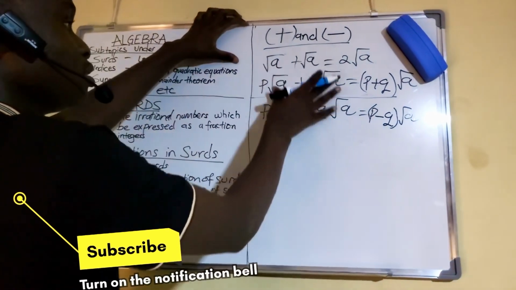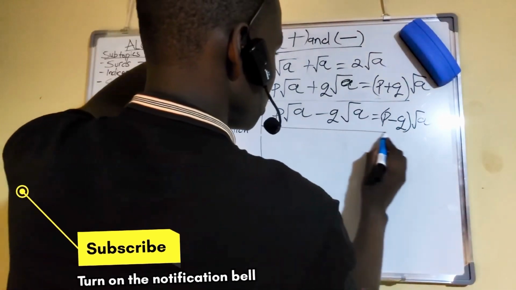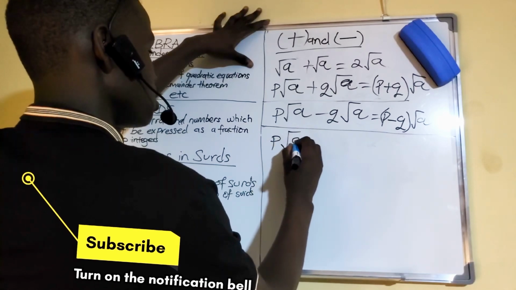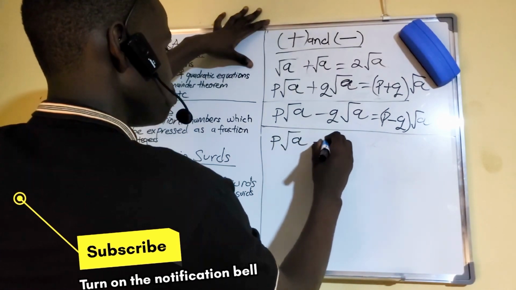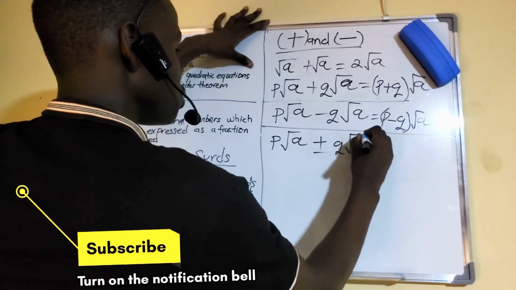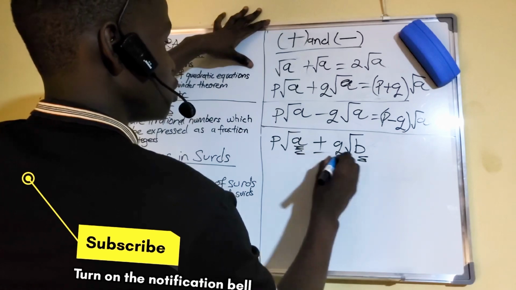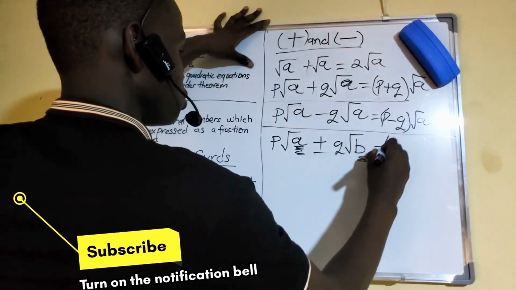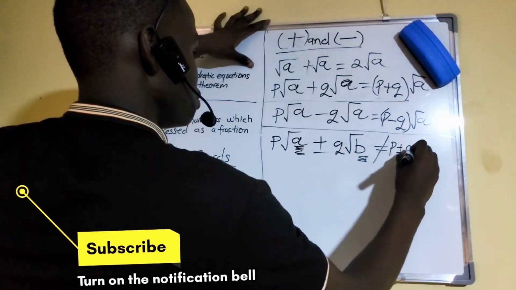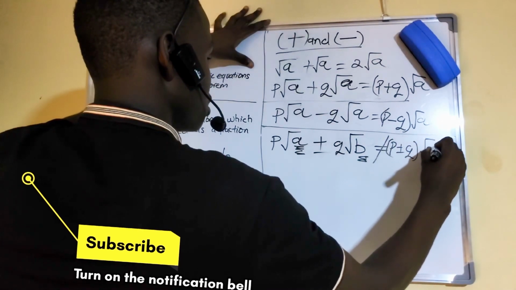Now these are the simple laws we all know, and we should also take note that if we have p root a, then maybe plus or minus q root b, and these are not the same, these two. This is not equal to p plus or minus q root b or root a.